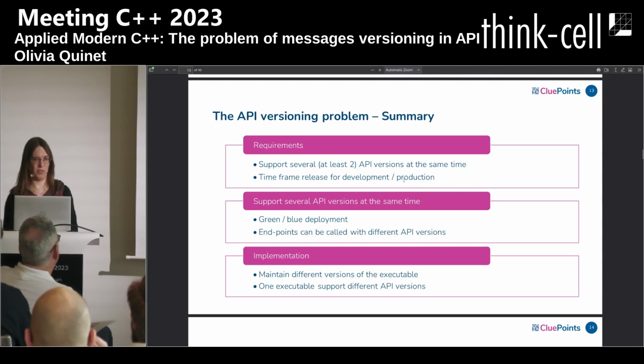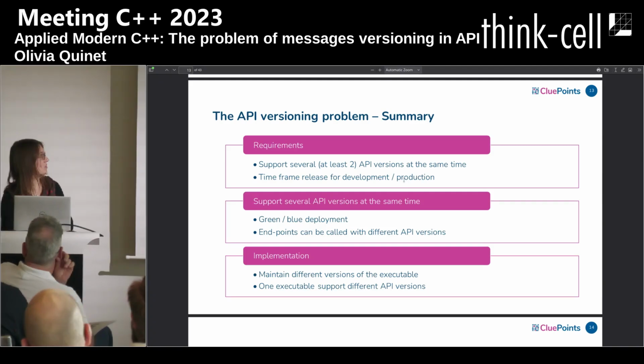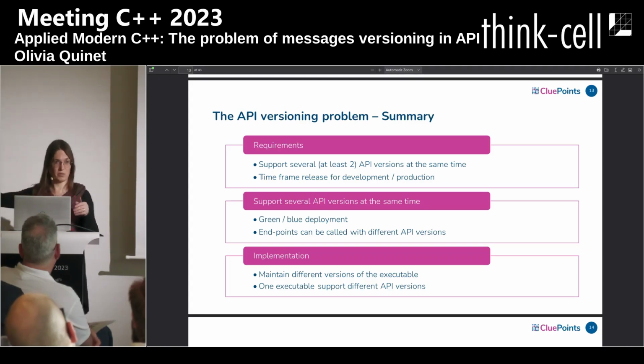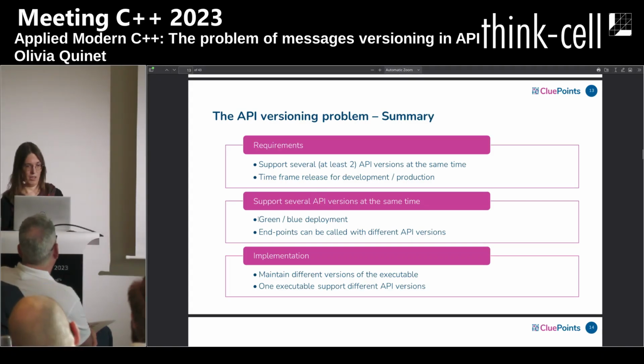So, a summary of the API versioning problem. First point, we have to support several API versions, at least 2, sometimes more. This is because there are different time frames for the releases that can be used in development and in production or even in a parallel environment. But that can be solved by using, for example, the green-blue deployment pattern.